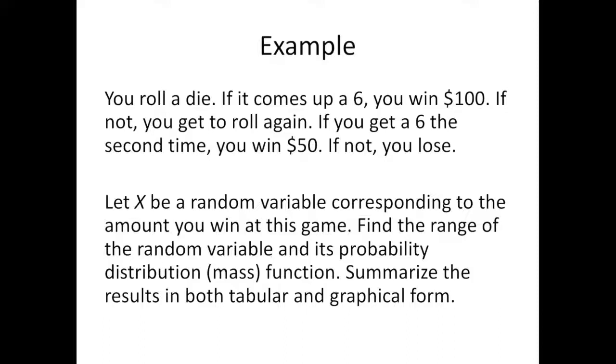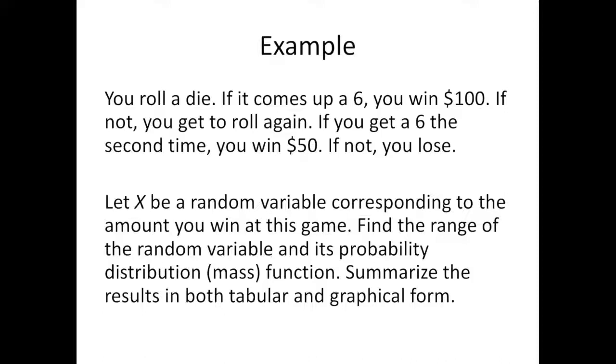I could also have a sample point that's a 1, 6, meaning I got a 1 in the first roll, a 6 in the second roll. That would get mapped to a value of 50, right? Because I would win $50 in that case. There's also a sample point that corresponds to a single roll and getting a 6.